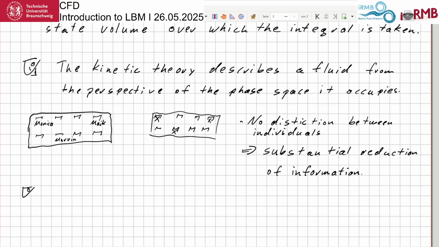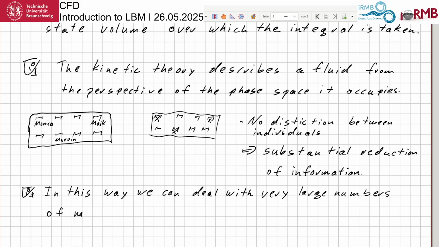Since we don't need to name them, we just have the statistics and we can deal with very, very many particles or molecules.